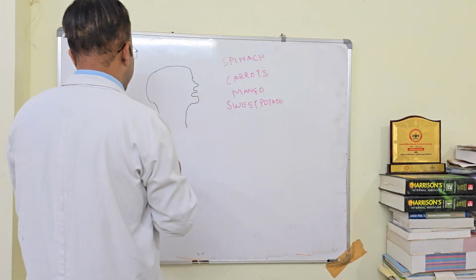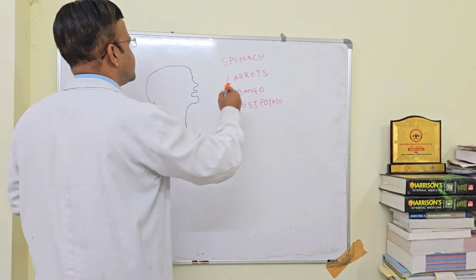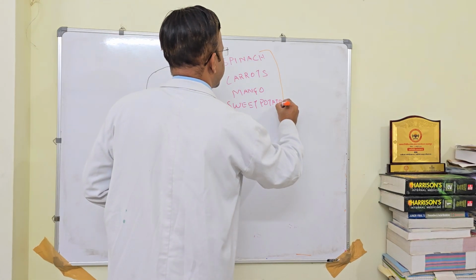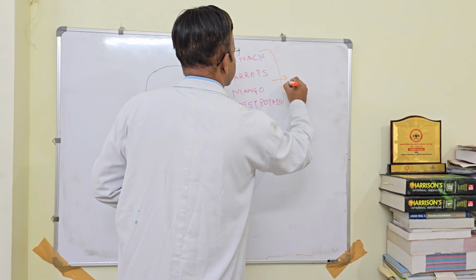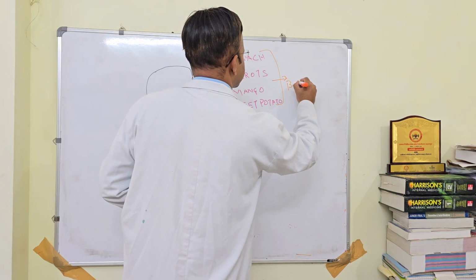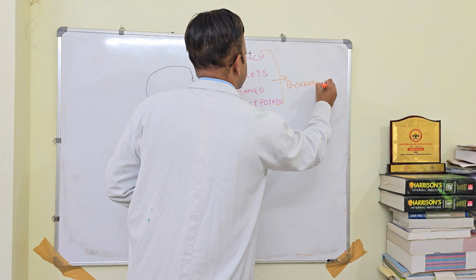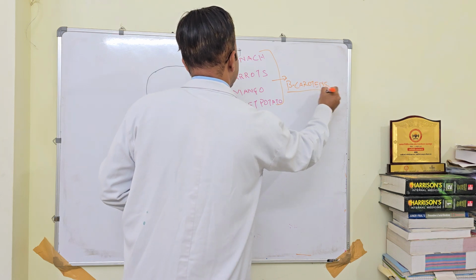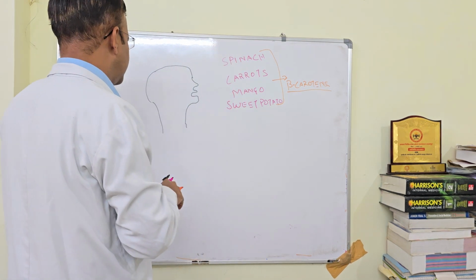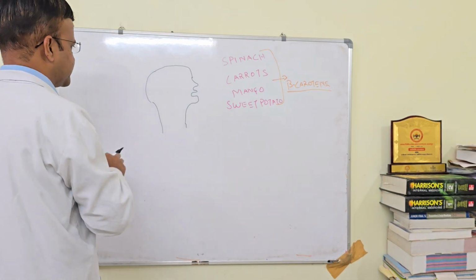Now all these things are rich in one substance which we call beta carotene, right? Beta carotene. So many things which we eat daily are quite rich in beta carotene, right?